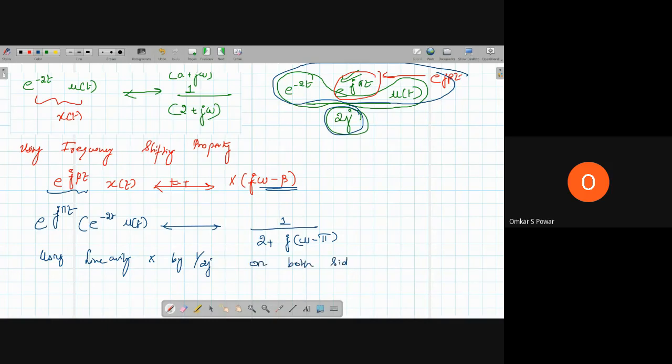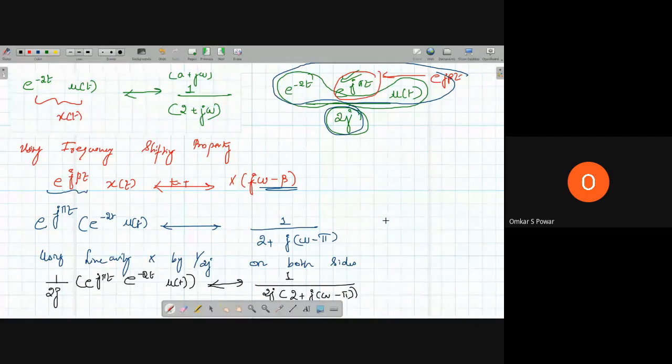So 1 by 2j, e power j pi t into e power minus 2t u of t, its Fourier transform is equal to 1 divided by 2j, divided by 2 plus j into omega minus pi. So this is your corresponding frequency domain signal.